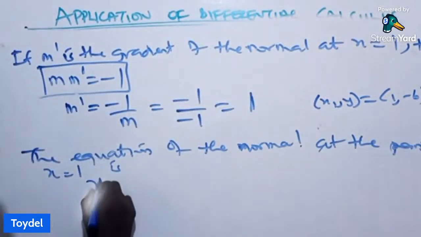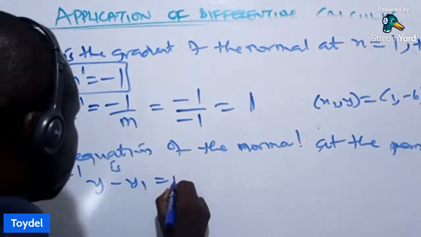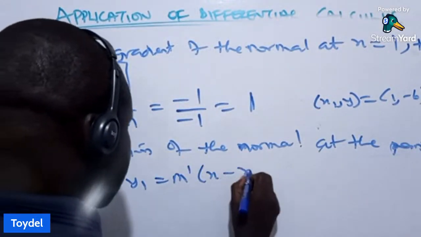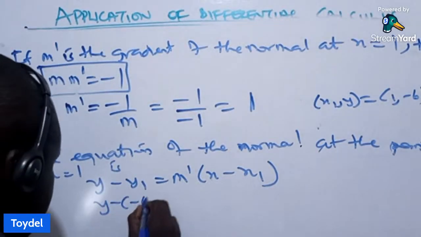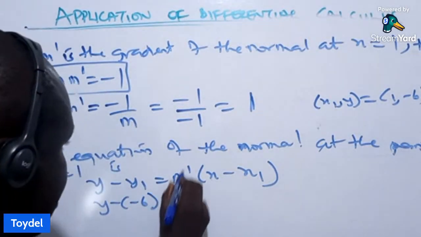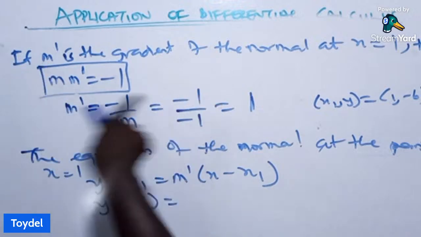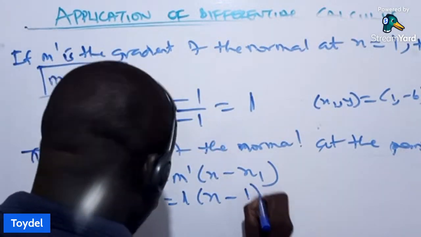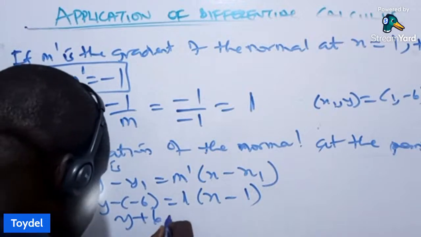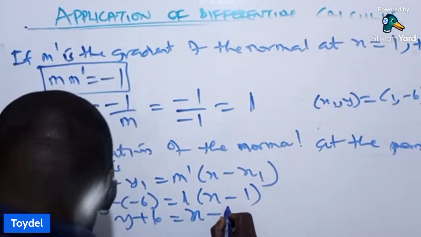So the equation will now be y minus y1 is equal to m prime into bracket x minus x1. That's what we are going to get. So from there we have y plus 6 to be equal to m prime, which is the gradient of the normal. The gradient of the normal is 1, into bracket x minus 1, so that we have y plus 6 to be equal to x minus 1.